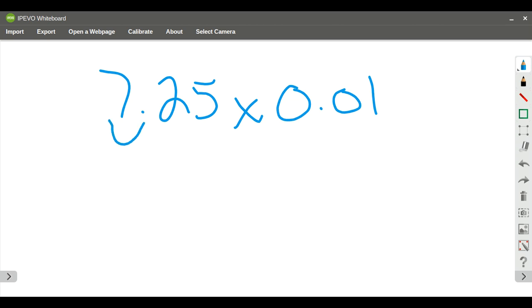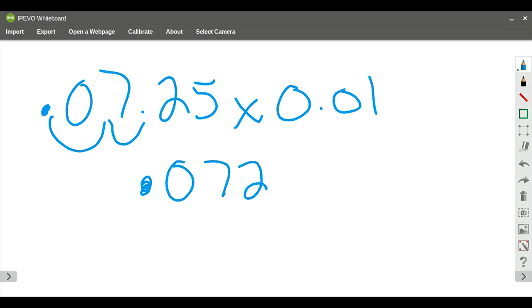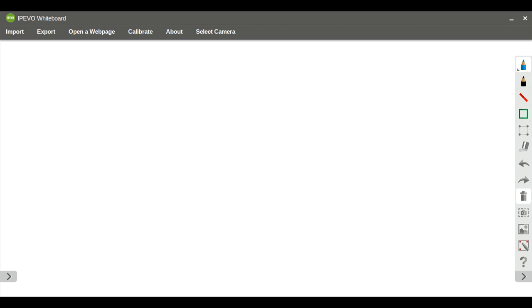Oh, I ran out of numbers, so I'm going to add another 0, move it the second place, and now my new value is going to be 725 ten thousandths.